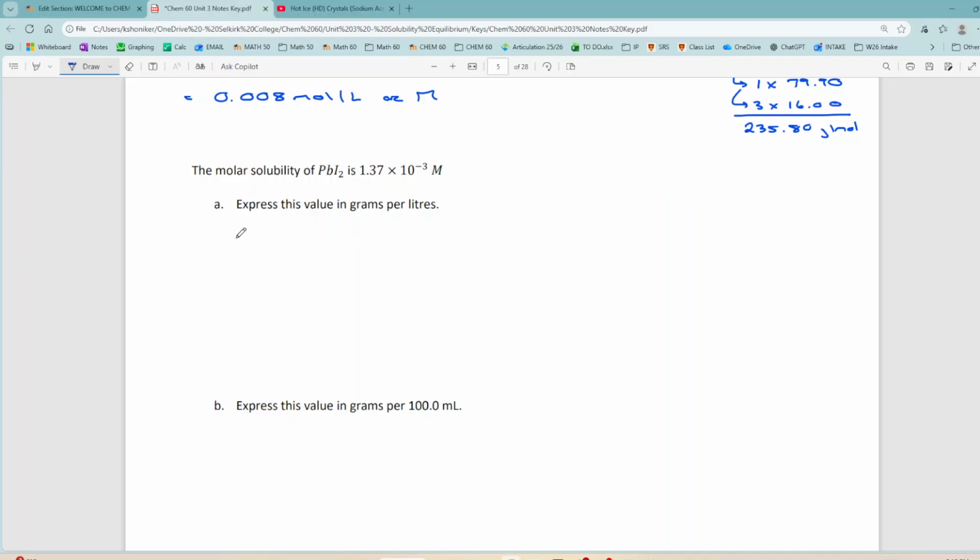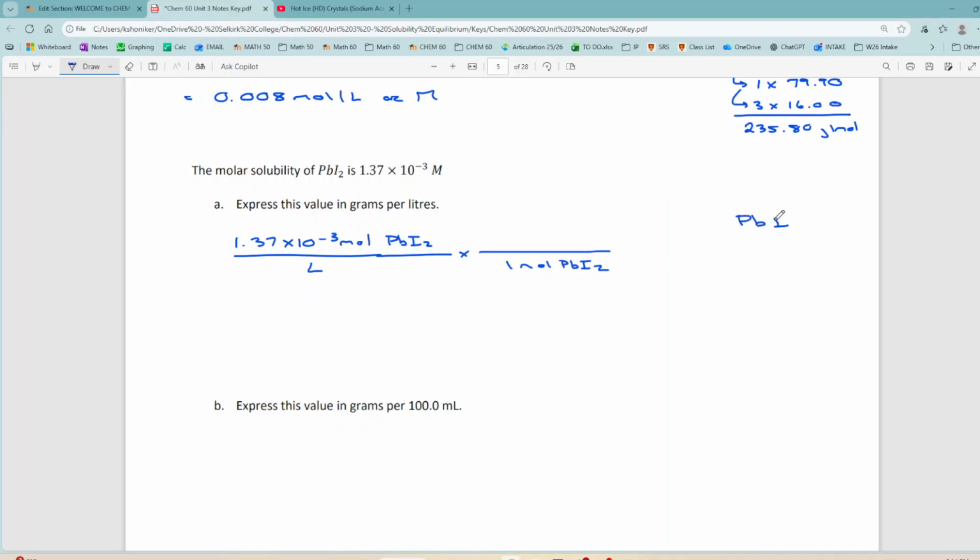So if you're starting with 1.37 times 10 to the negative 3 moles per liter of this lead iodide, we want to change it to grams per liter. So this time we'd put moles on the bottom. 1 mole of the lead iodide weighs how much?